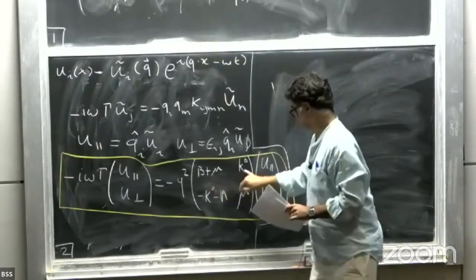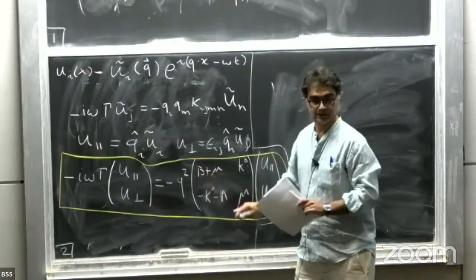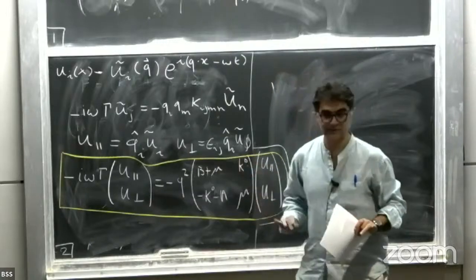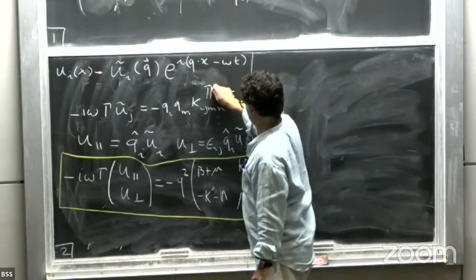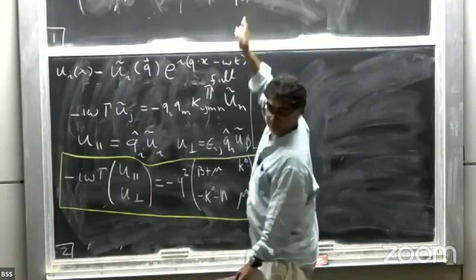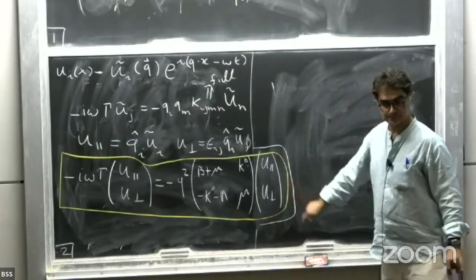In fact, notice that there's K naught, there's A, there's B, there's mu, there's all of them in there. So this is true for any choice of parameter. Okay. So here I've used the full one from above.